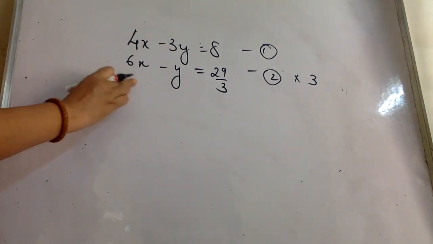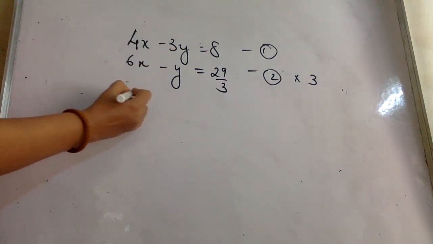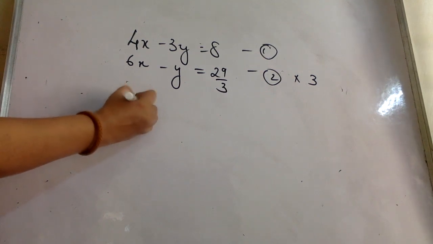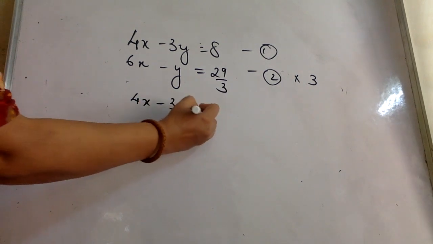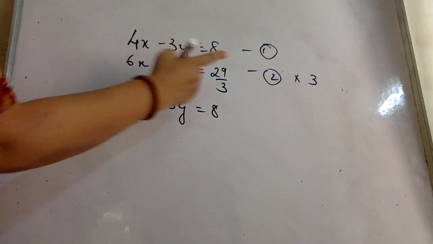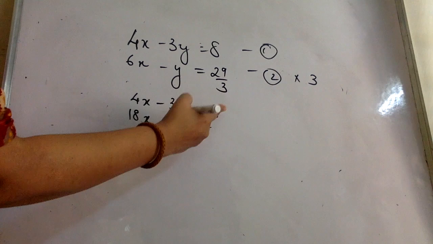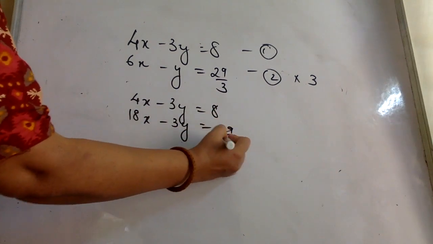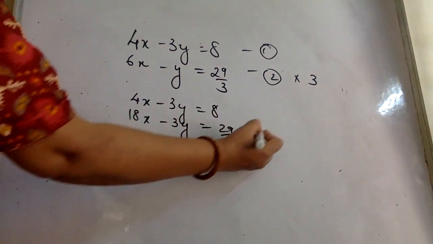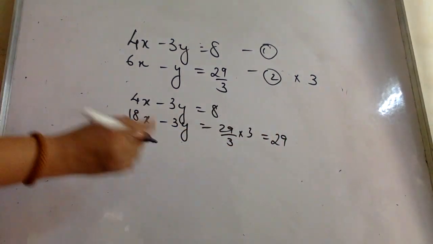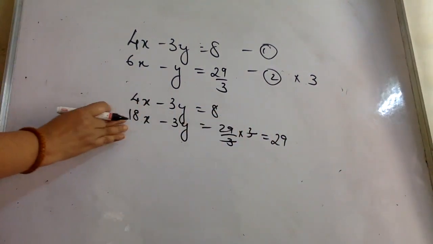So now what do we do? Here we can write 4x minus 3y is equal to 8. I've just copied this. Here I write 18x minus 3y is equal to 29 by 3, into 3, which gives me actually 29. So this is my second equation.